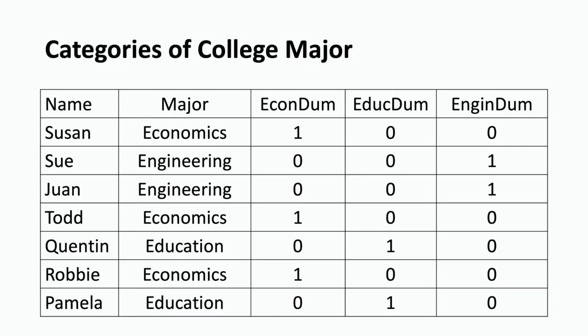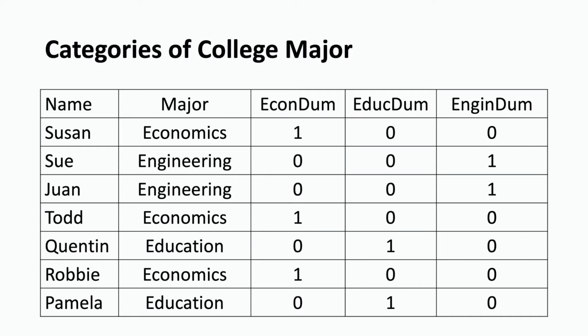Let's go back to our data set showing college majors. Since we only have 3 college majors, that is, you could be an economics major, engineering major, or education major, we have 3 dummy variables. The first dummy variable is labeled as econ dum, and that indicates using values of 0 and 1 whether or not you're an economics major. So we have 3 people that are economics majors, Susan, Todd, and Robbie.